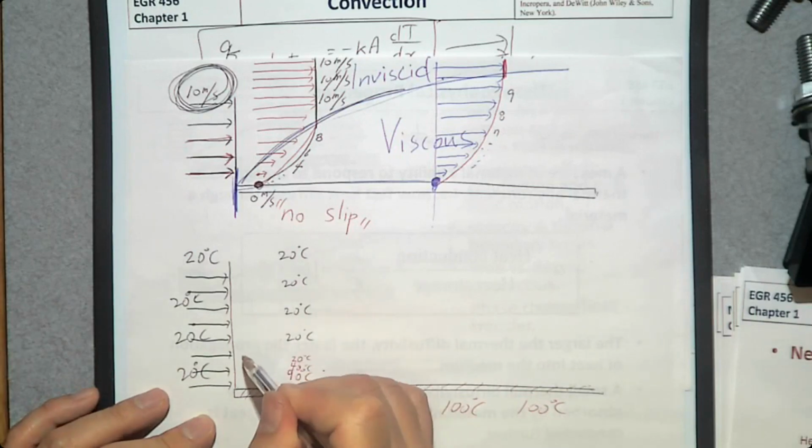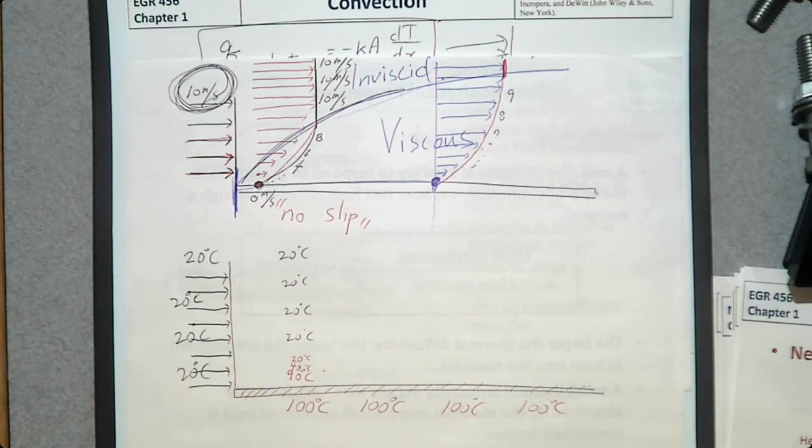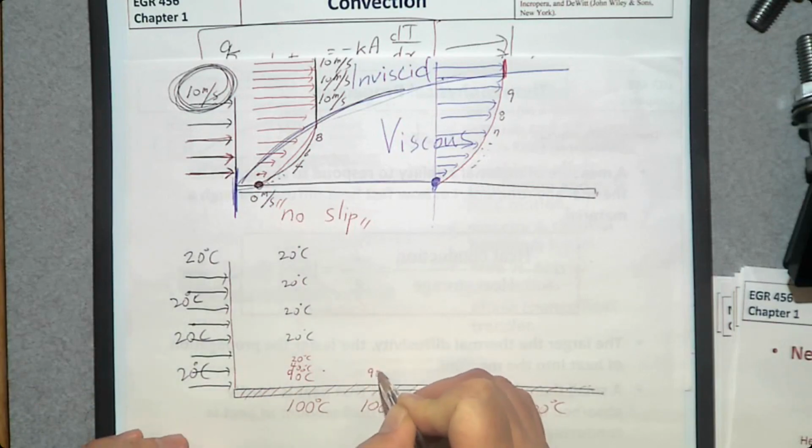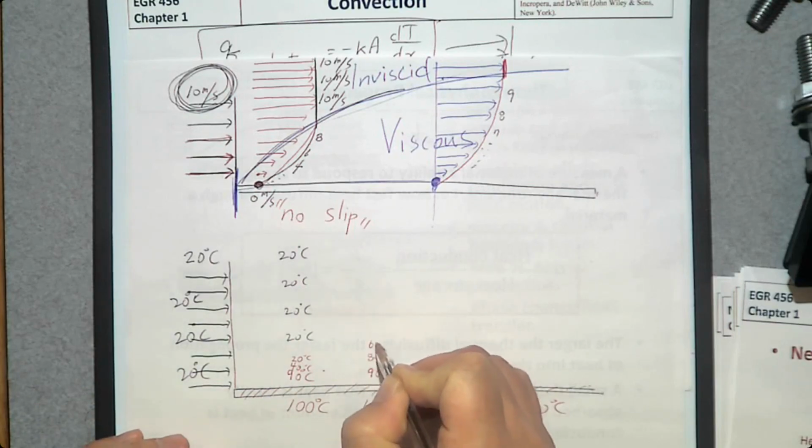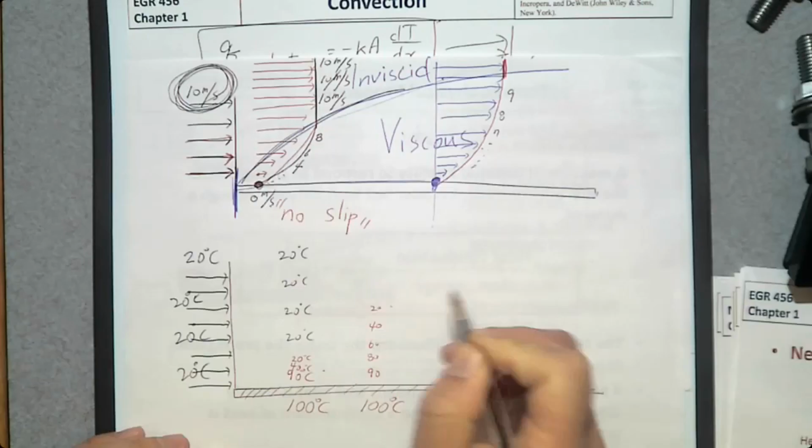Then, while the air is moving in this direction, there's more heat transfer going away from the surface. The 40 degrees Celsius air is going to hit the air molecule next to it. This 90 degrees Celsius air is going to hit the air molecule right on top of it. So this time here, 90, 80, 60, 40, and 20.